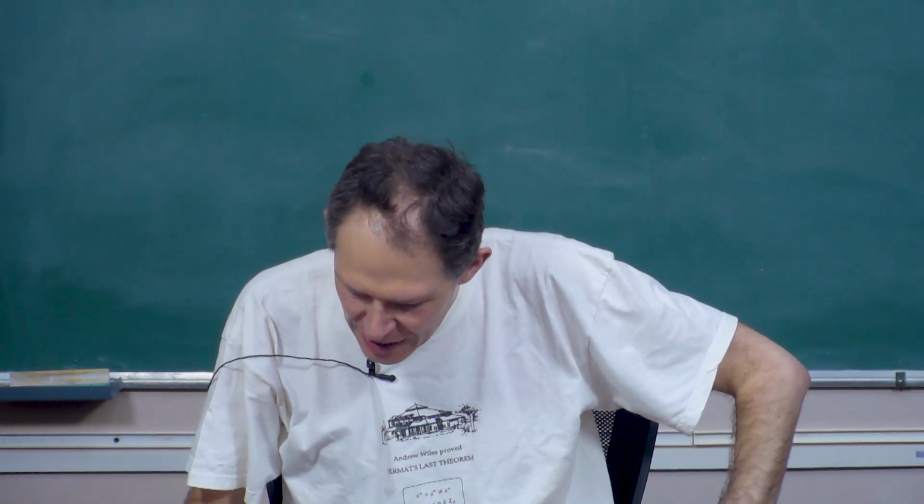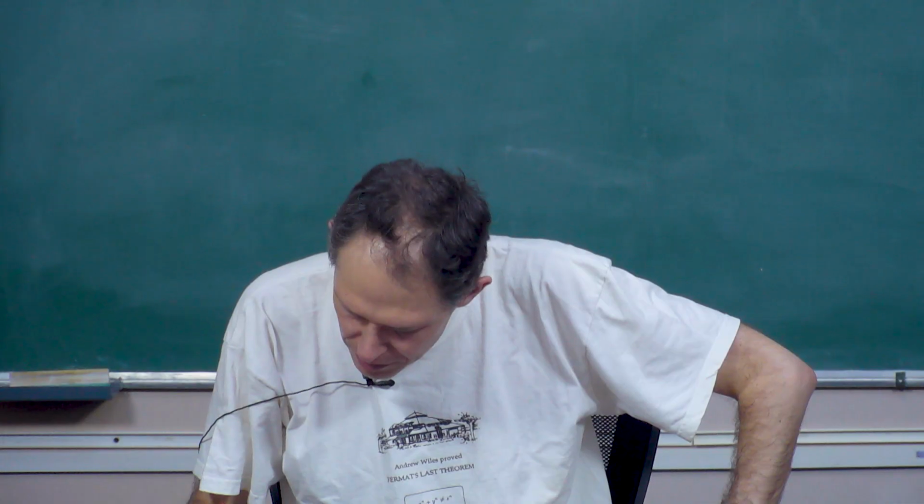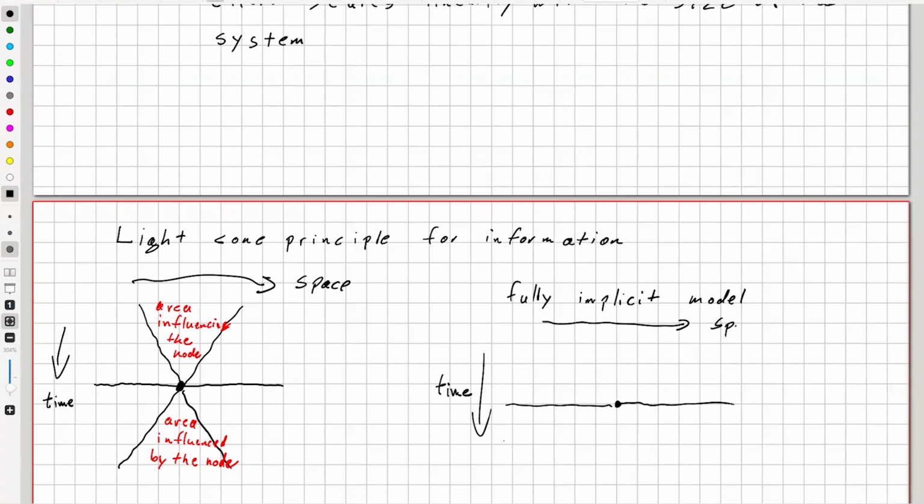But if you have something like what is still popular, a fully implicit method of any kind, and you again have your here and now here, so this again is the time, and this again is the space, and here is where you are, then the area influencing stretches out to infinity.